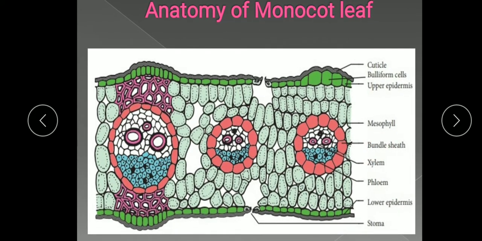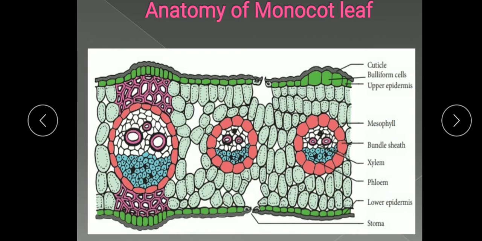Here you see what are the structures present in the monocot leaf. The outermost layer is the cuticle, and this cuticle covers the upper epidermis and the lower epidermis.